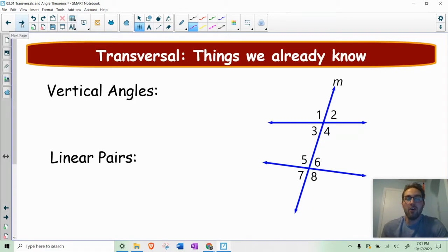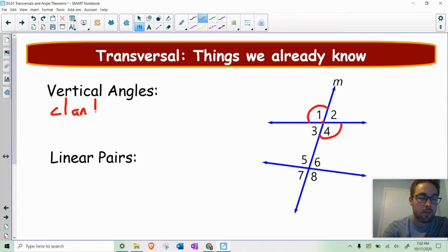So some things we already know about transversals, some angle relationships, are things like vertical angles. If we have these two lines that are cut by this transversal, we'll form those 8 different angles. Well, we know we've got some vertical angles here. Vertical angles share a vertex, but are on opposite sides of the two intersecting lines. So for example, angles 1 and 4 are vertical angles.